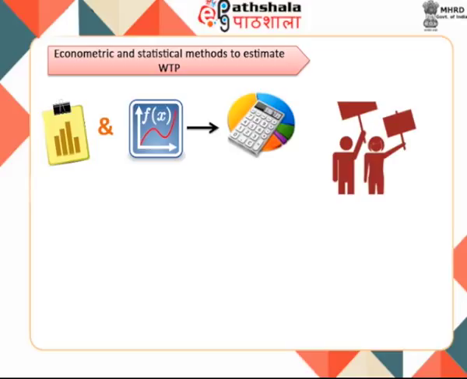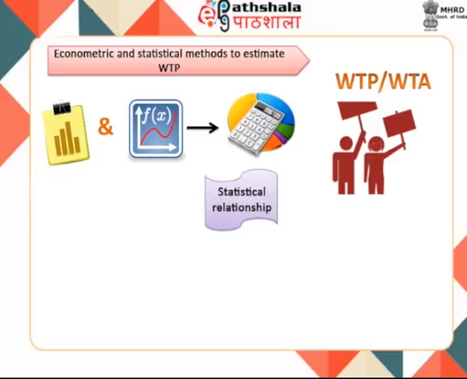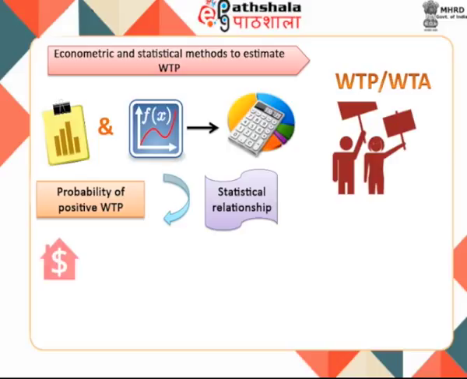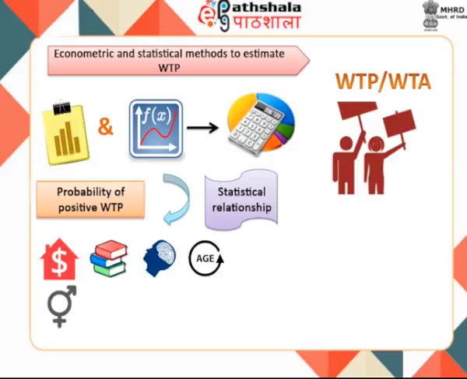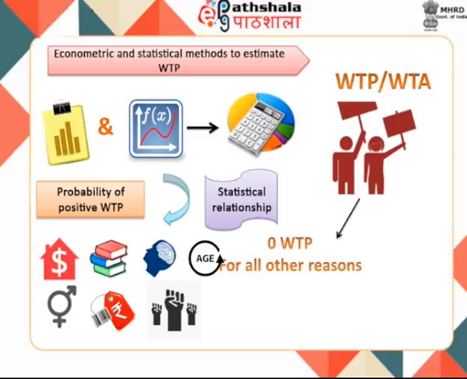In order to estimate WTP or WTA and establish statistical relationship between the probability of positive WTP and covariates such as household income, education, awareness, age, gender, prices offered as bids, protest responses are separated out. Protest responses are those responses that yield zero willingness to pay for all other reasons except the zero value being placed on the environmental good.